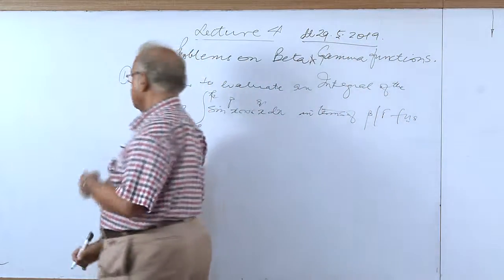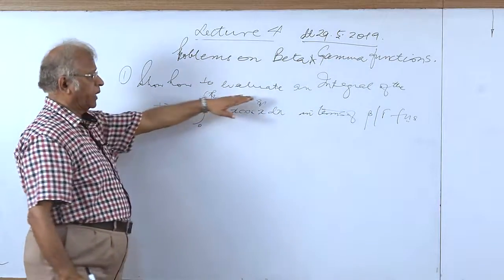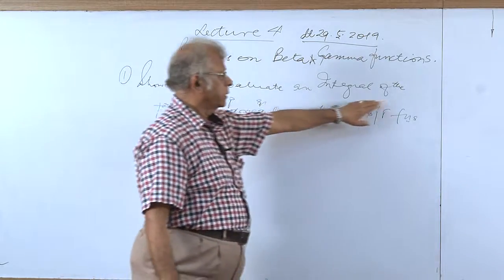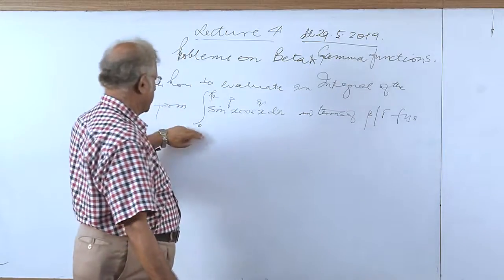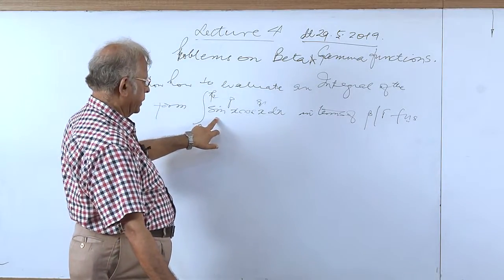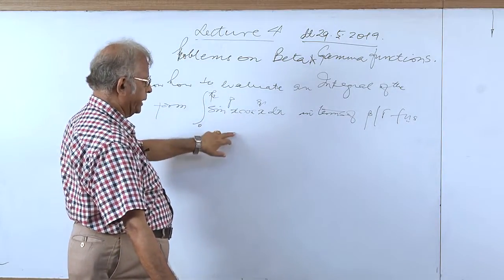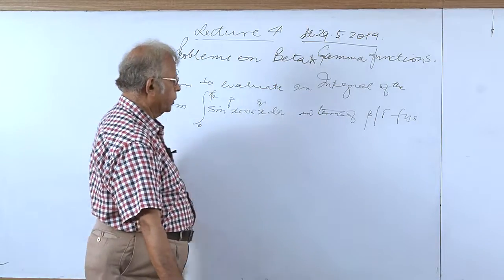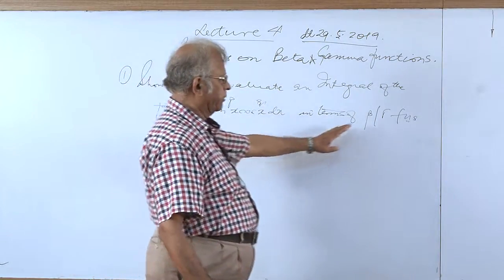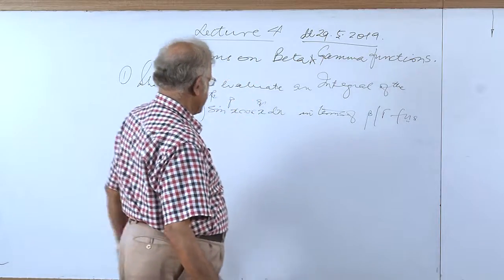So that is the problem. Show how to evaluate an integral of the form 0 to pi by 2 sine x raised to the power of p cos x raised to the power of q, and express the result in terms of beta gamma functions.